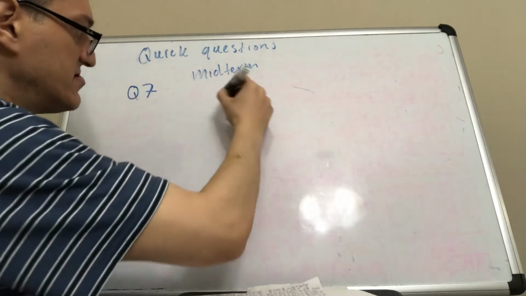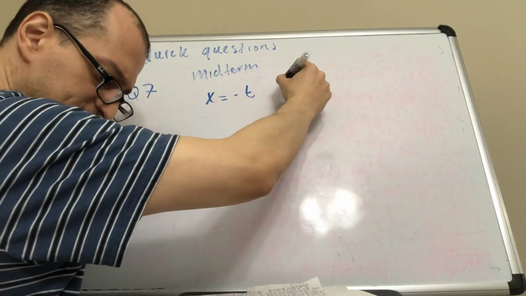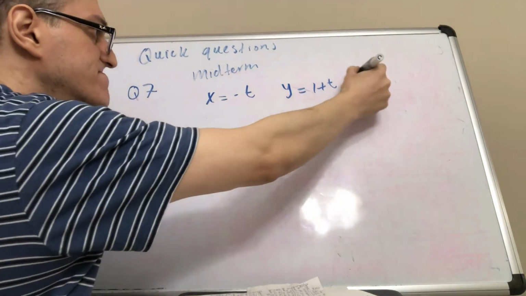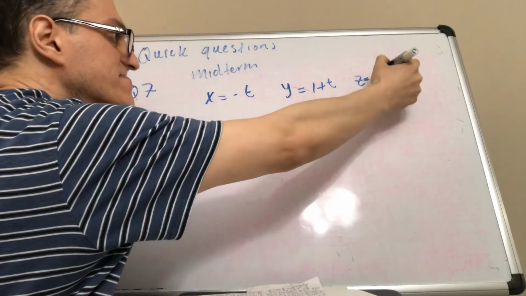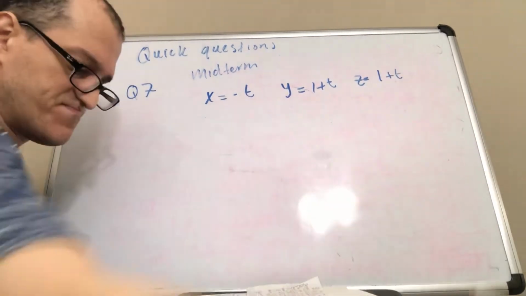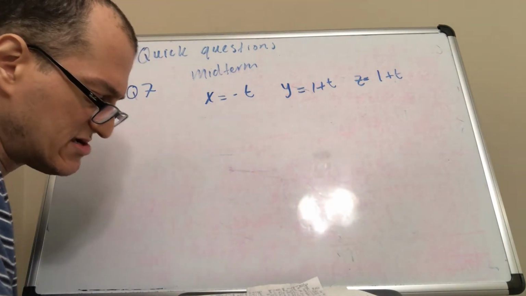They give you the line: negative t, 1 plus t, 1 plus t as well. You want the intersection between this and the plane.